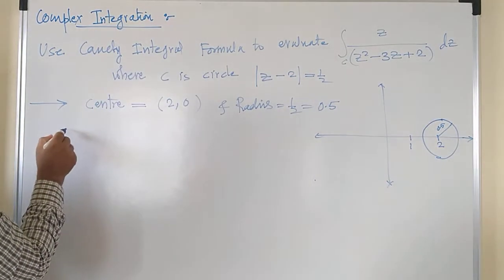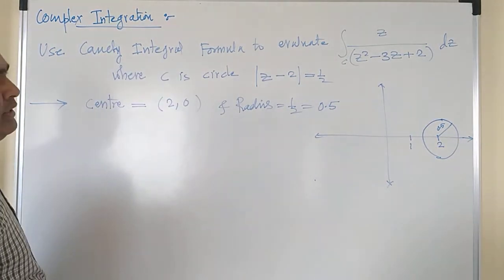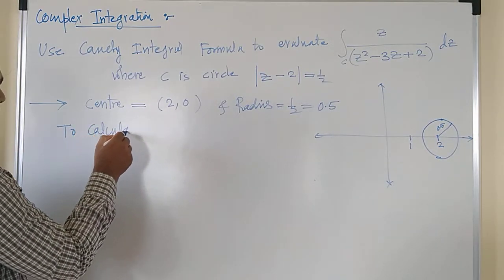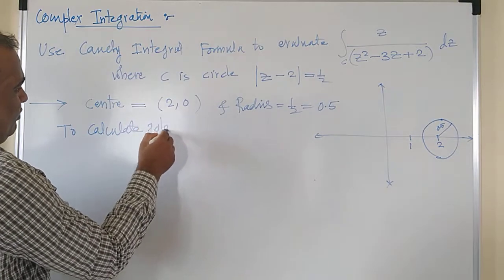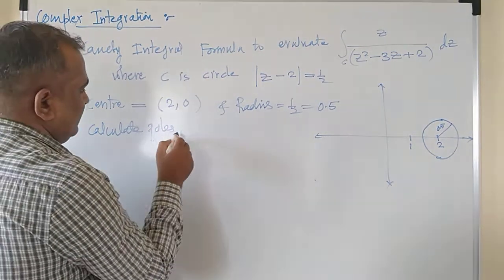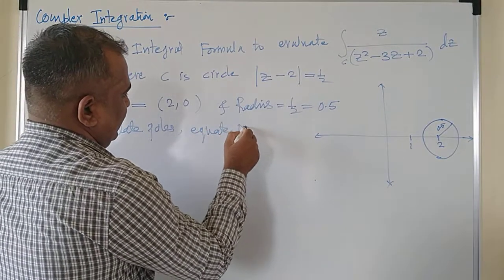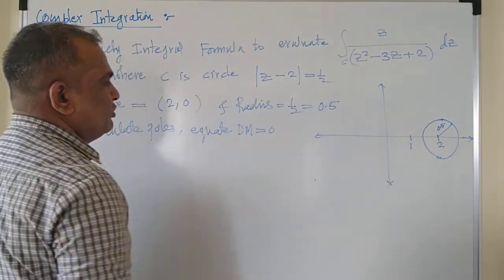Now to calculate the poles, you should equate the denominator to 0, right? I will write here, to calculate poles of the given function, equate the denominator to 0.